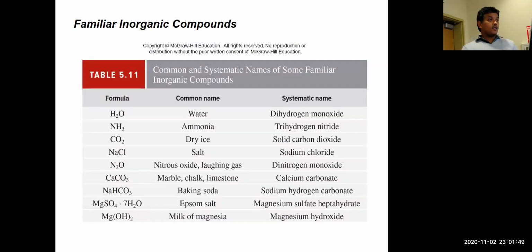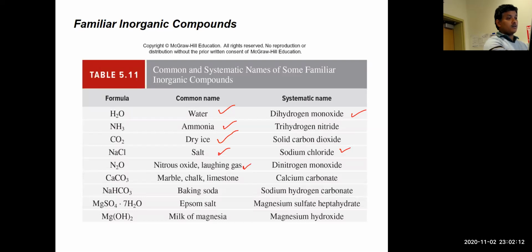These are some of the common familiar inorganic names. Like we said, water is popular instead of saying hydrogen monoxide. Ammonia is popular by its name. Dry ice is popular rather than saying solid carbon dioxide. Salt is popular rather than saying sodium chloride.